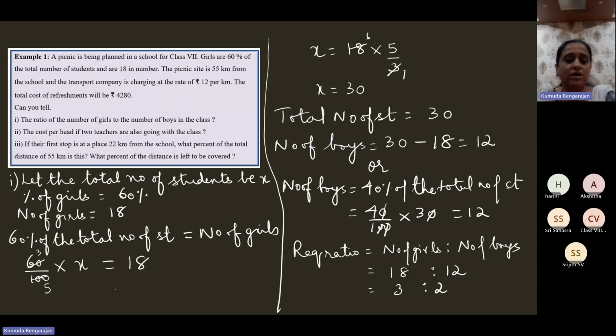So the second part, what percent of the distance is left to be covered? Total is 100%. What is covered? 40%. So what is not covered? 100 minus 40, 60%. It's like you have 100 chocolates and you finished eating 40 chocolates. How much is still not eaten by you? 100 minus 40, 60.